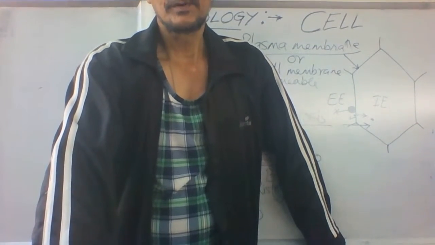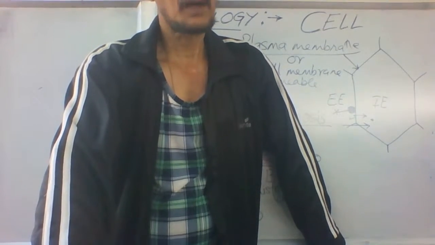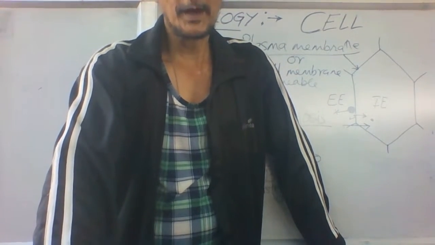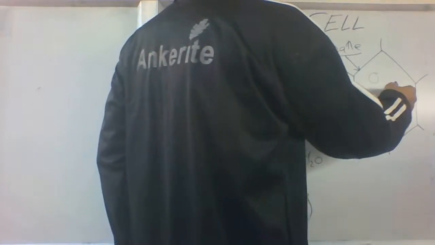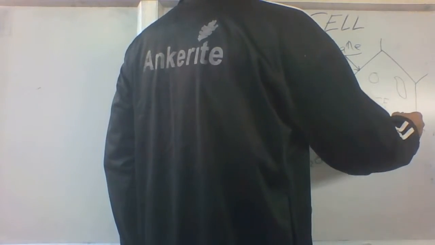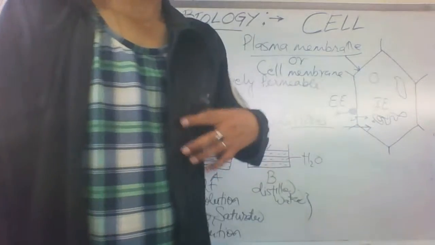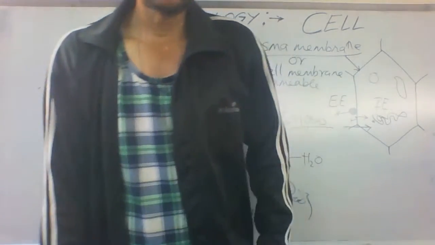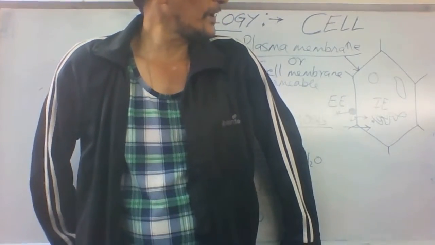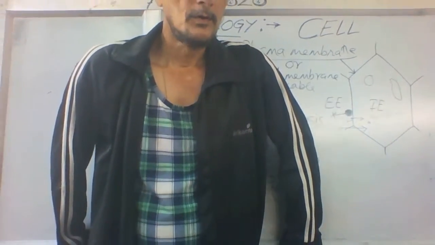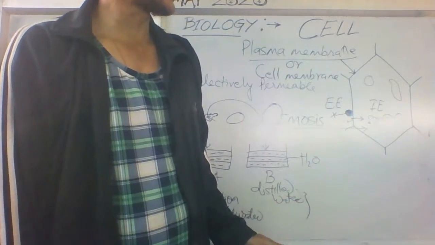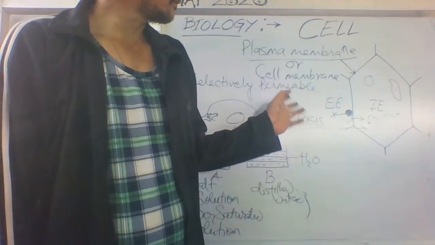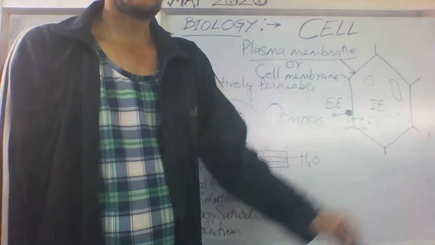Now, the cell wall. Here I was telling about the cell organelles. Whatever structures are found inside this cell are called the cell organelles. But before going to those cell organelles, we have to understand the nature of the cell membrane.